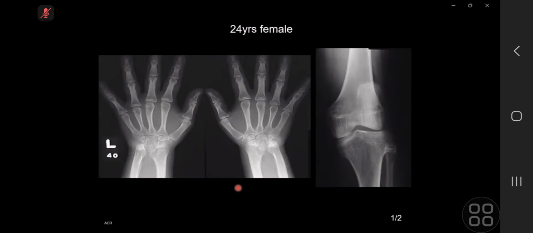There's shortening of the fourth and fifth metacarpal, which is pathognomonic of or can be seen in Turner syndrome. There also appears to be subluxation of the patella, which I believe can also be seen with the added Madelung deformity. So altogether, this would be in keeping with Turner's.